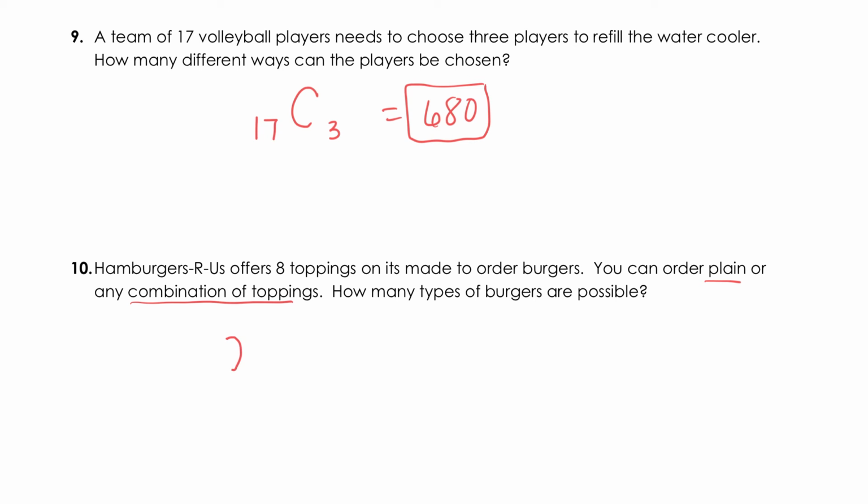And so this would be 2 to the 9th power, which comes out to be, sorry, my calculator is giving me business. This would be 2 to the 9th power, which is 512.